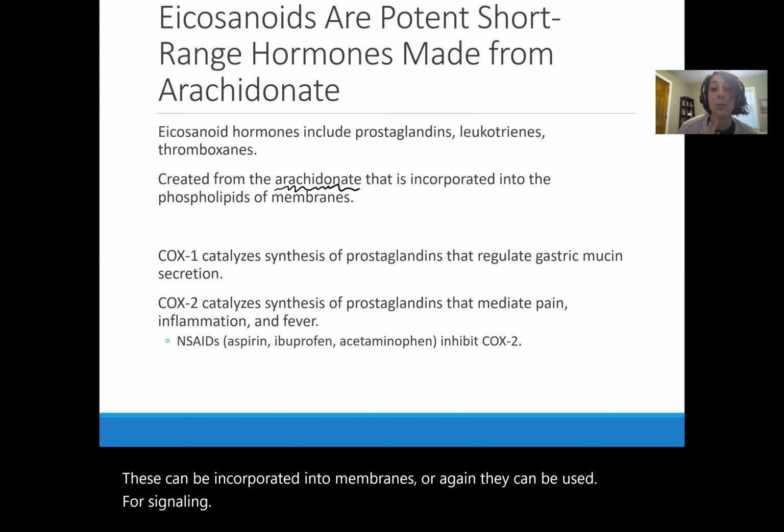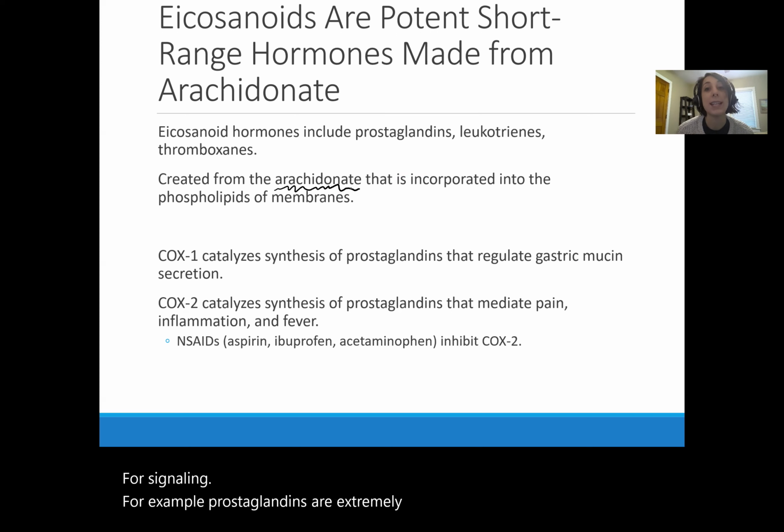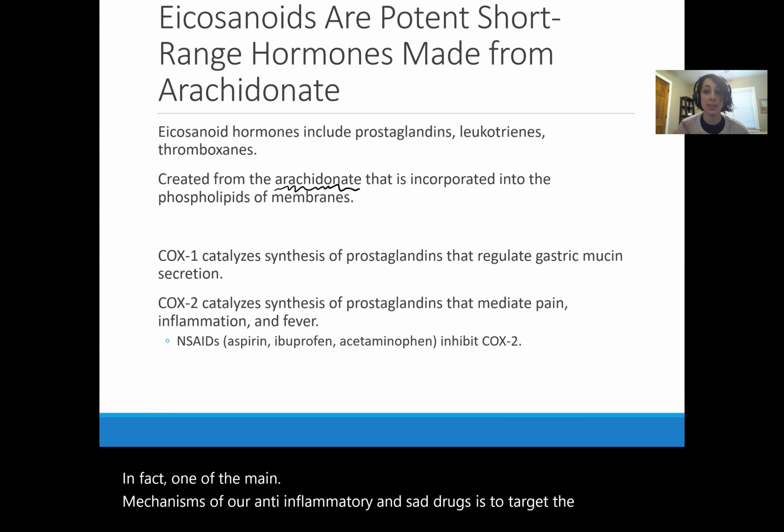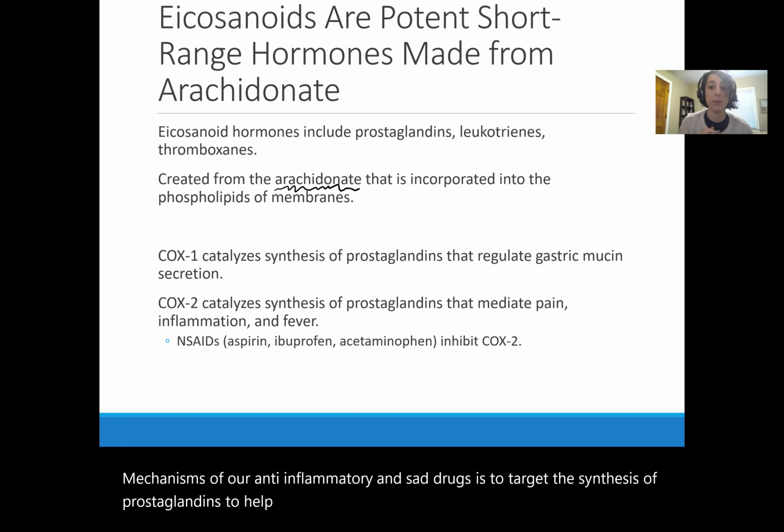For example, prostaglandins are extremely important for signaling in inflammation. In fact, one of the main mechanisms of our anti-inflammatory NSAID drugs is to target the synthesis of prostaglandins to help reduce inflammation.